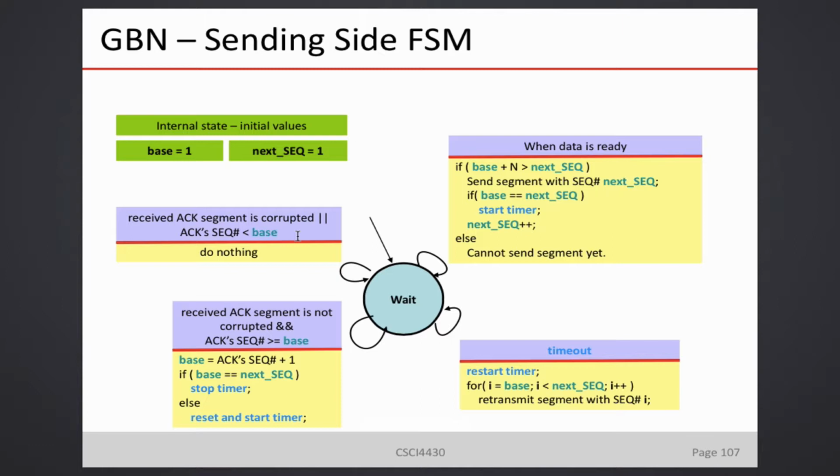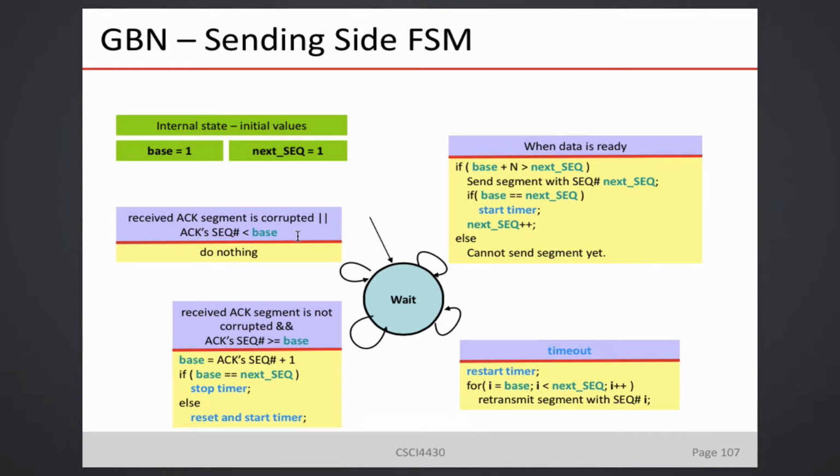And after I start the timer, when will I have a timeout or a reset of the timer? Timeout is very easy. It means that no ACK has arrived, then I will have a timeout. Or I have an ACK arrive, not corrupted, and the number is bigger than or equal to the base.